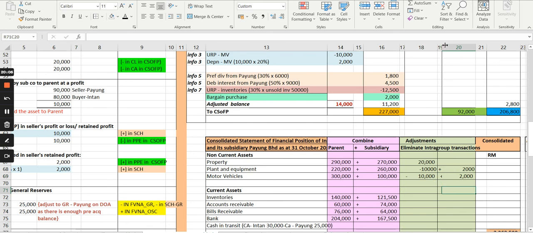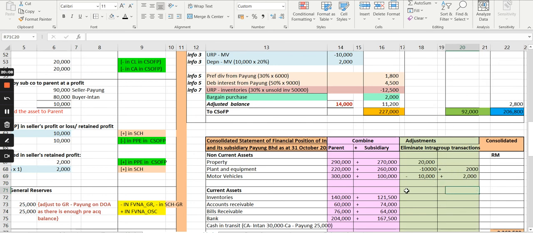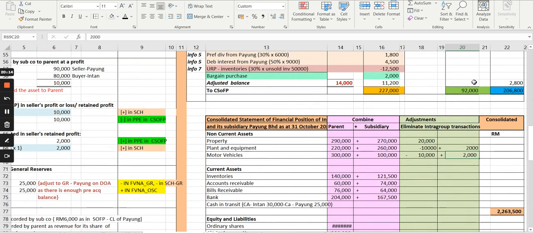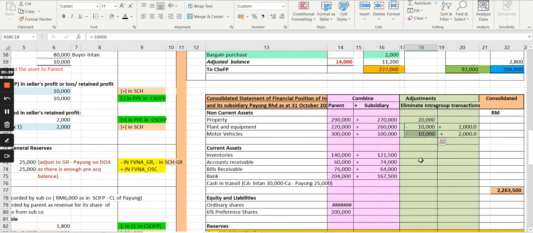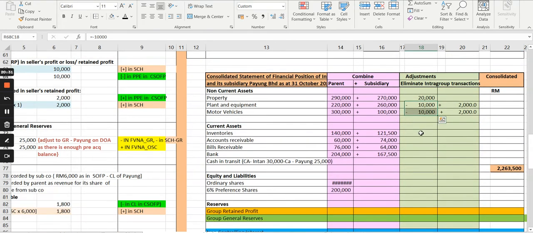You will have to take out the unrealized profit and adjust for the over provision. As I said, check the working, check the journal that I've done in my video so that you can have a better view of what I'm doing here. All right, for the inventories, eliminate the unrealized profit.